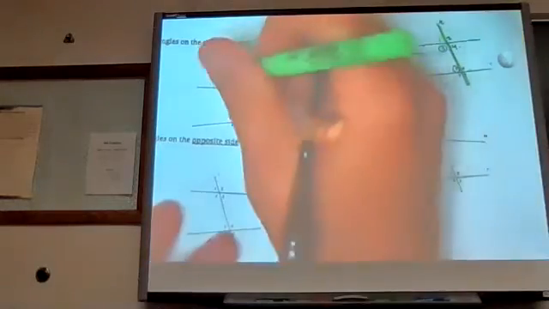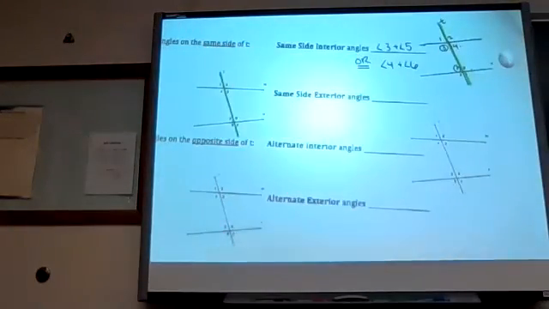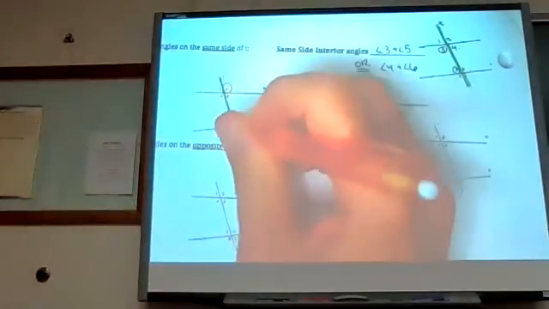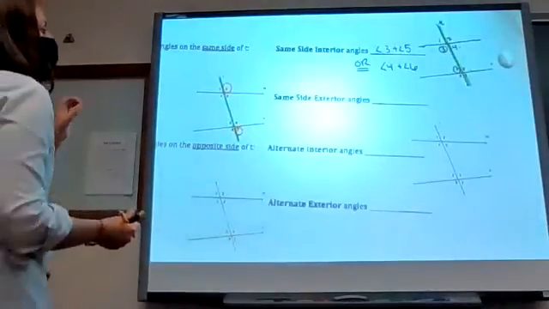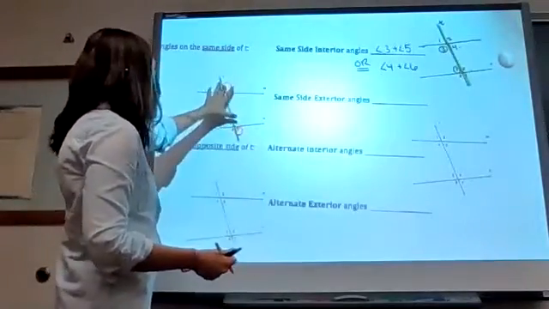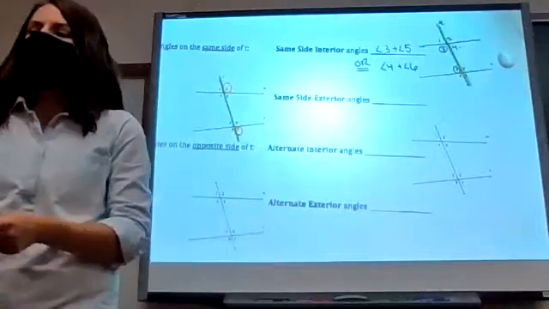Similarly, here's again transversal T. We can have same side exterior angles. So let me give you an example. 2 and 7, they are on the same side of the transversal and they're on the exterior. So 2 and 7 would be an example.